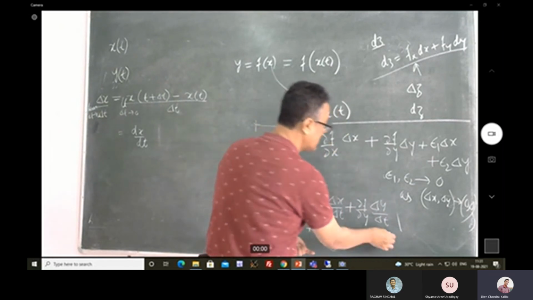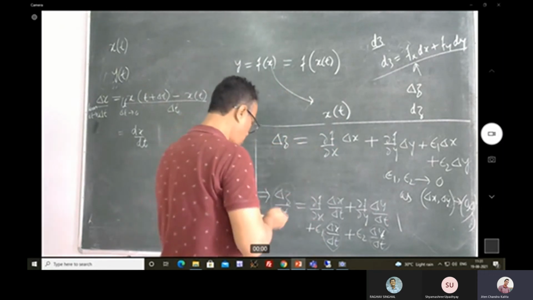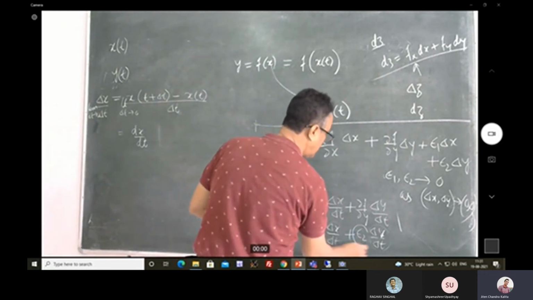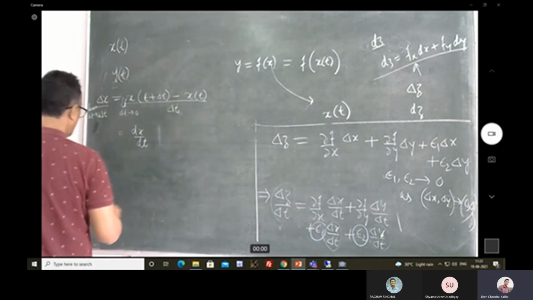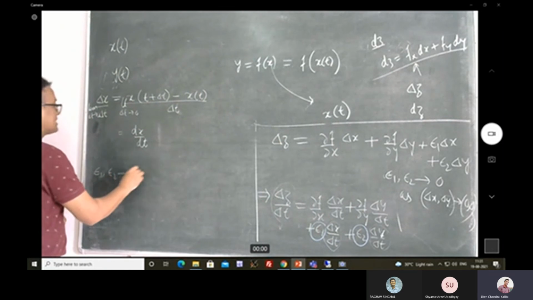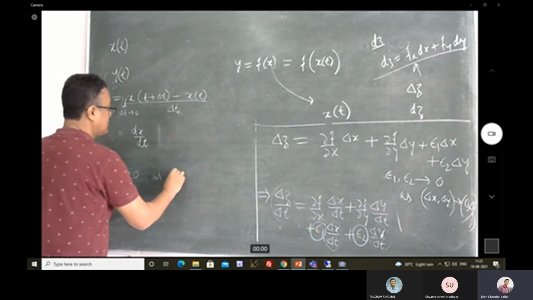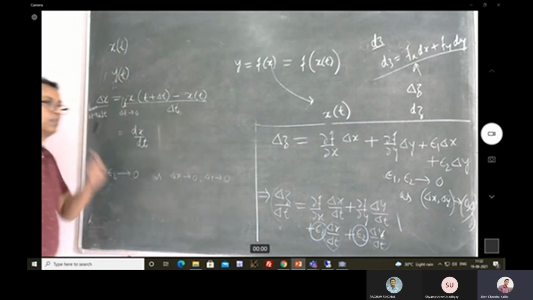This is dy/dt. Right? We are almost done. But what is happening out here? I still don't know about epsilon 1, epsilon 2. See, the property of epsilon 1 and epsilon 2 is that they tend to 0 as delta x tends to 0, delta y tends to 0. Right?